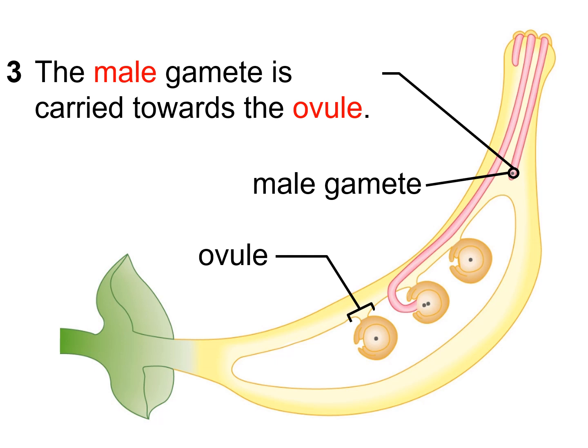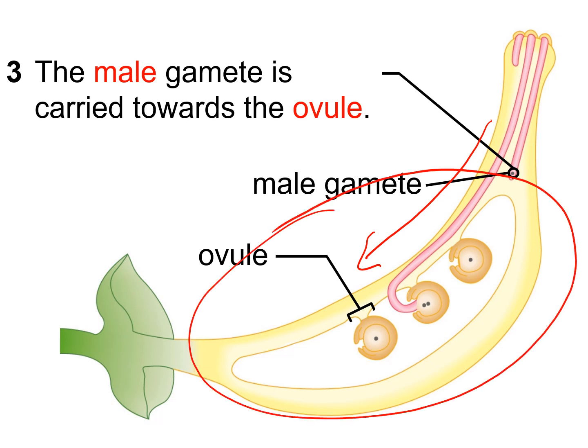And once the pollen tube grows all the way down into the ovary region, the pollen tube is going to go into the ovule. And this is where you will see the male gamete moving all the way down into the ovule and finally meet with the female gamete.